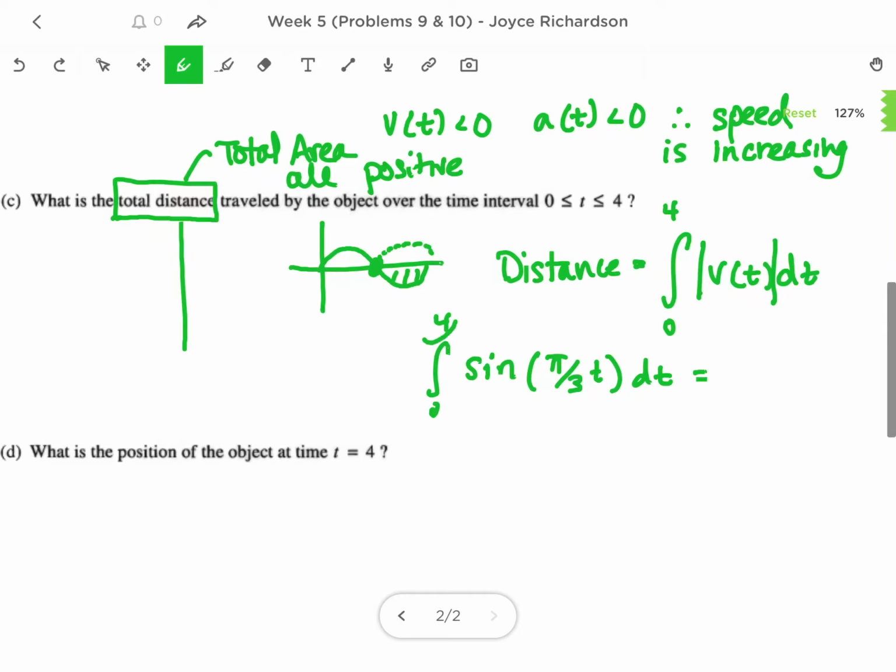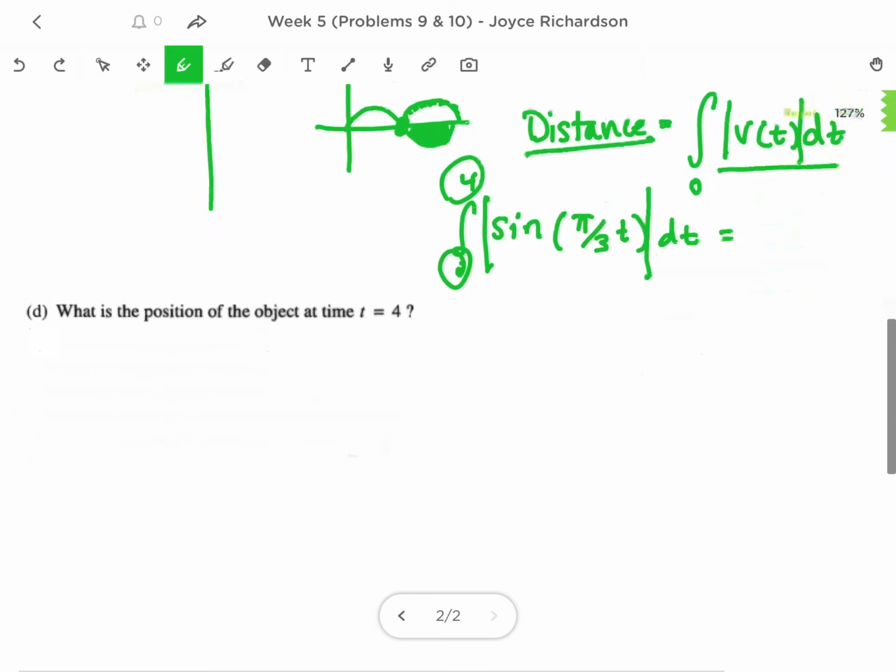But if you have a calculator and you've got bounds on here, you better be using your calculator to calculate that. So in this case, I was hoping that you would have that absolute value so that this negative area in your integral would pop up to be positive. If you're looking for total distance, you need to have absolute value around that velocity.